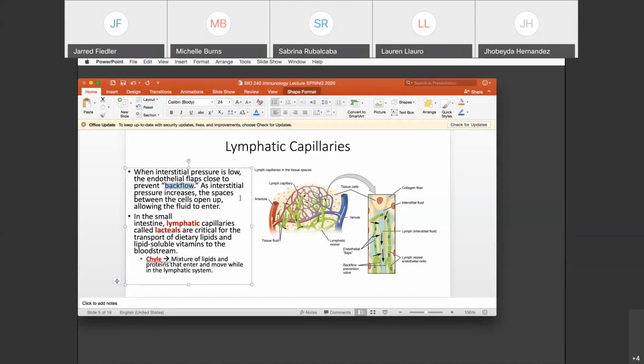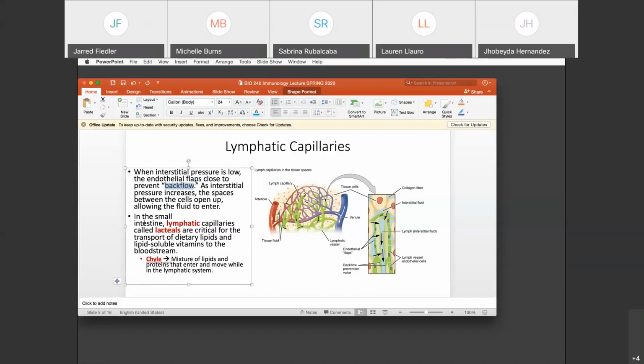So the reason fluid enters the lymphatic capillaries is because there's a buildup of interstitial pressure due to a buildup of fluids. This increased pressure is going to allow this fluid to be transferred over into the lymphatic capillaries, and then from the lymphatic capillaries it goes towards the lymphatic vessel, and then it gets transported.